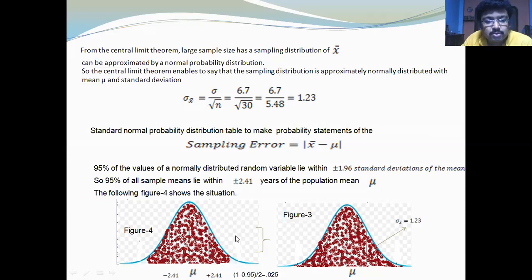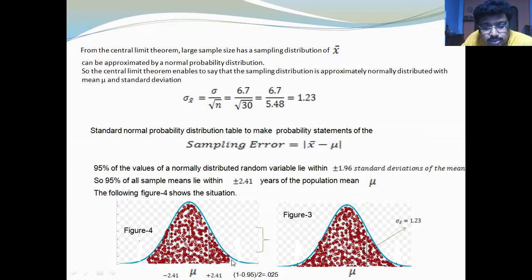So what is the value of alpha? The sample mean around the population mean, when it is more than plus 2.41, then this blank portion is considered, and when it is less than minus 2.41, then this portion is considered.